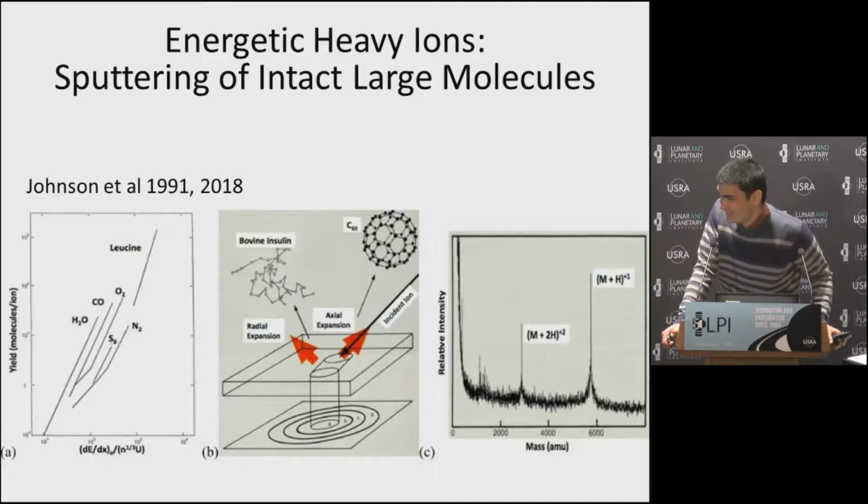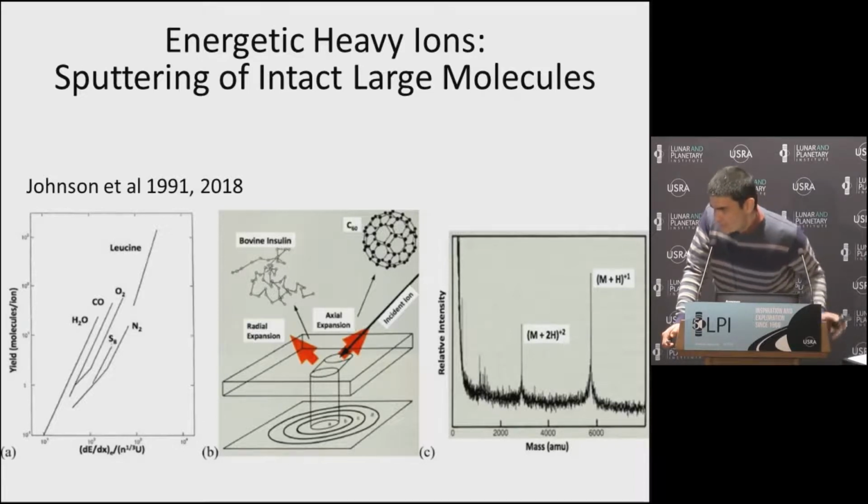So the actual proportion of these large molecules, as a proportion of the total amount of material sputtered, is a big question, and I think that will have a dependence on the number of times that these things fall back to the surface, stick to the surface, and have a chance to be dissociated on the surface. Presumably, the material that you eject from the surface is some combination of these endogenic large molecules, if they are present, and their dissociation products.